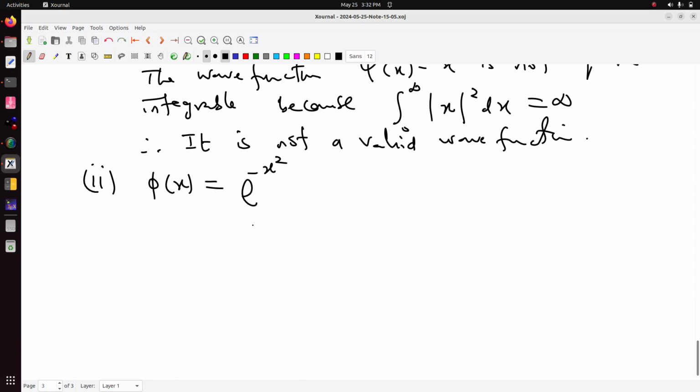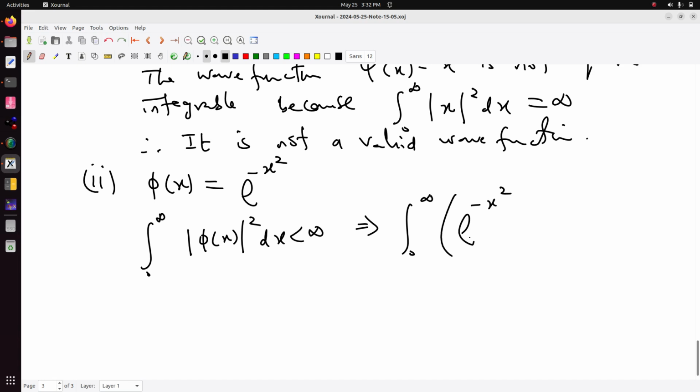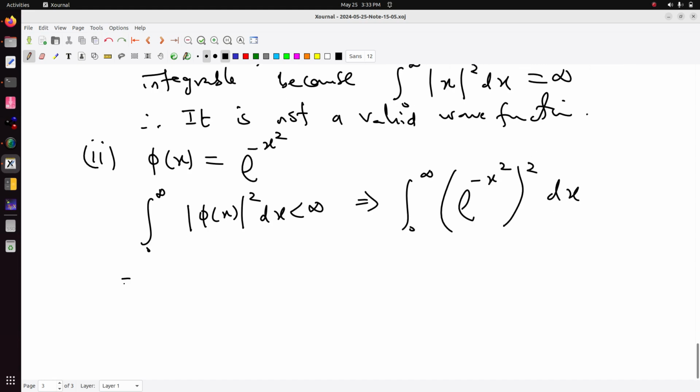If it is square integrable, then the integral from 0 to infinity of modulus phi of x squared dx must be less than infinity. In this case, phi of x is exponential minus x squared. If you square that, you can write it as the integral from 0 to infinity of exponential minus 2x squared dx.